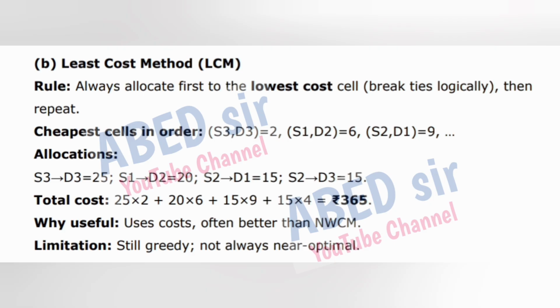Allocations: S3D3 is equal to 25, S1D2 is equal to 20, S2D1 is equal to 15, S2D3 is equal to 15. Total cost: 25 times 2 plus 20 times 6 plus 15 times 9 plus 15 times 4 is equal to 365 rupees. Why useful? Uses costs, often better than NWCM. Limitation: still greedy, not always near optimal.